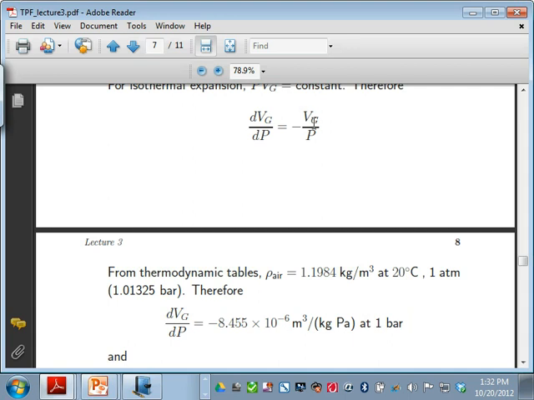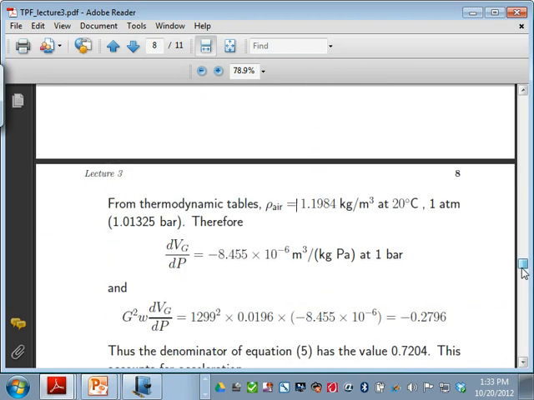For Vg is 1 over the density of air divided by 101 kPa, I think, 1 atmosphere. Try to see where you get that. Punch that in the calculator: 1 divided by 1.19884 and divide again by 101 thousand. Do you get 8.455 times 10 to the minus 6? About that, eh? Is that correct? Okay. So everybody's happy with that one?